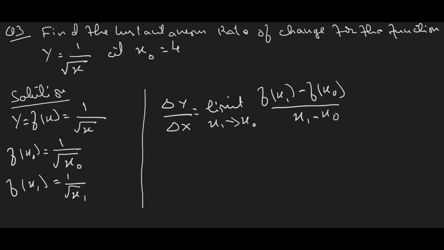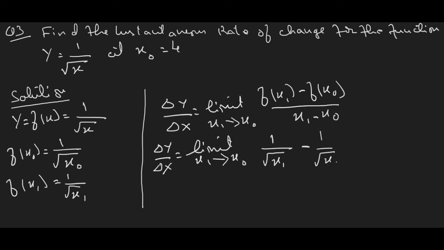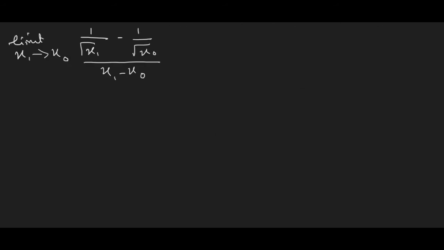So putting the values of f of x1 and f of x naught, delta y by delta x is equal to limit x1 approaches to x naught and 1 over under root x1 minus 1 over under root x naught whole divided by x1 minus x naught.